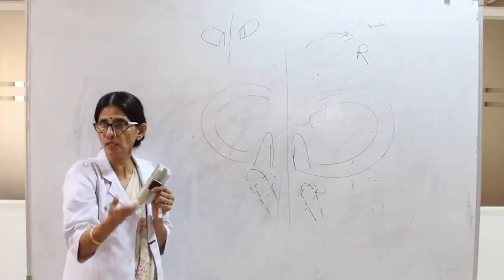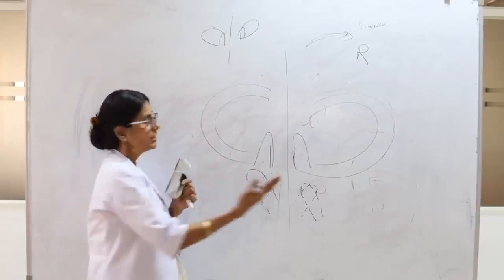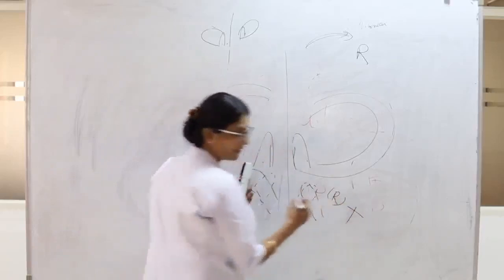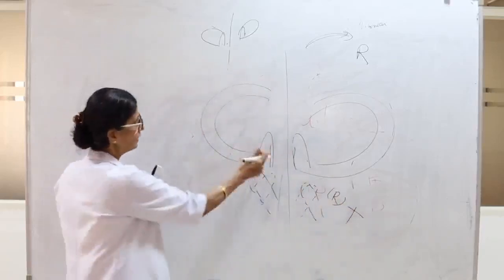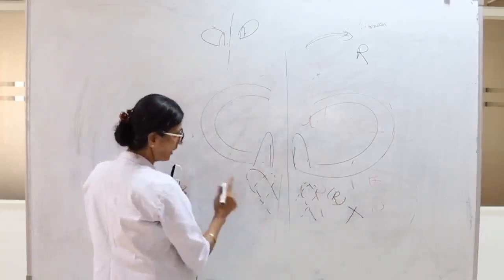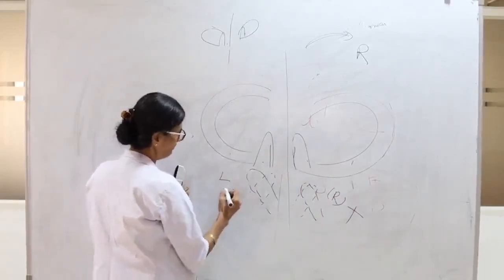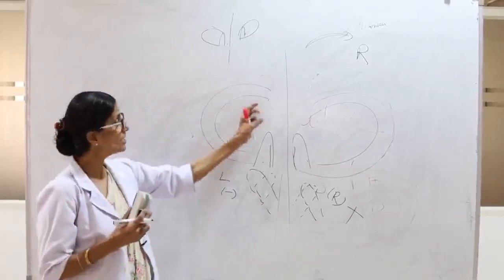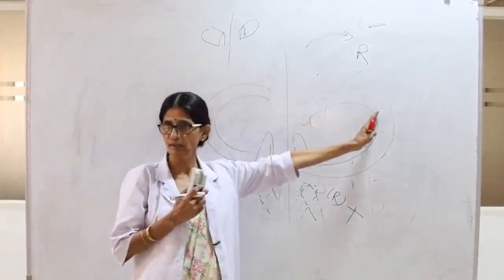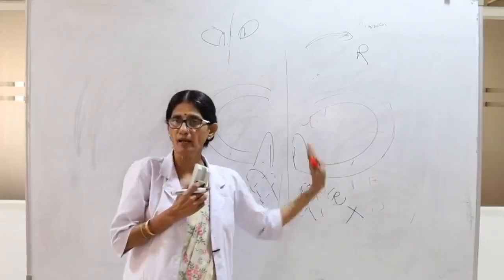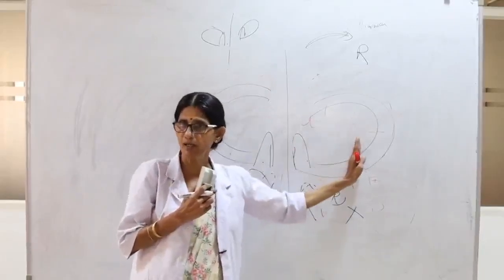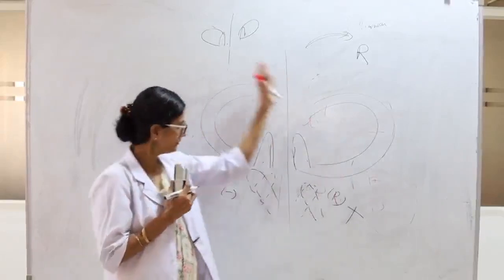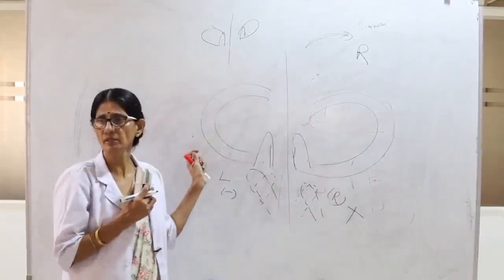On the right it is going towards the kinocilium, resulting in a depolarizing signal on the right, whereas on the left it is going away from the kinocilium, and it results in a hyperpolarizing signal, isn't it? So the head is being rotated to the right side, which results in a depolarizing signal from the right semicircular canal, but on the left side it is an inhibitory signal.